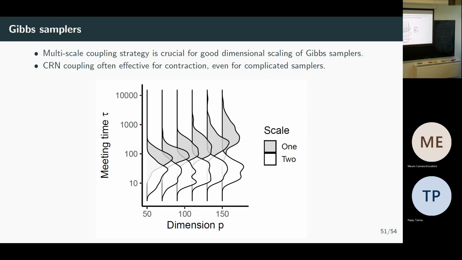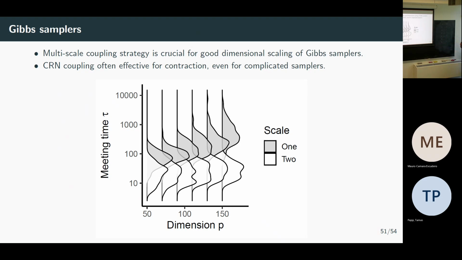So that's roughly why CRN works for Gibbs samplers. You'd use the CRN type coupling when they're far apart to contract, and when they're close together, you use some kind of coupling that makes the chains meet exactly. When I say close together, you should consider all the marginals together to decide when to swap from something that contracts to something that allows for exact meetings. If you do that, you can get pretty good performance.